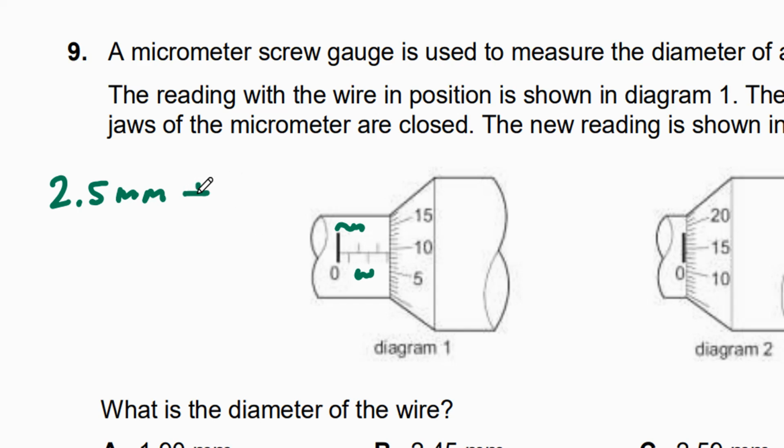So then plus 9. But each of these divisions on the vertical scale represents 1/100th of a millimeter. So we have to divide this by 100.